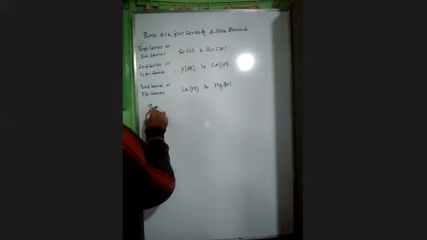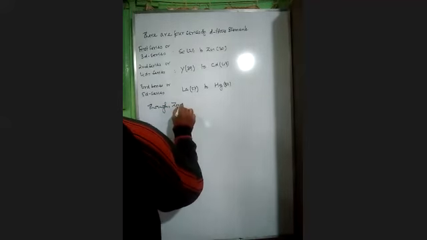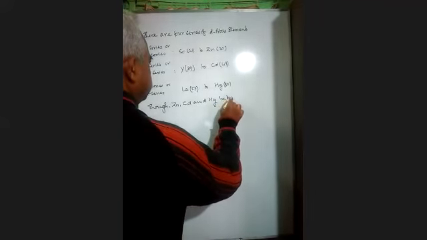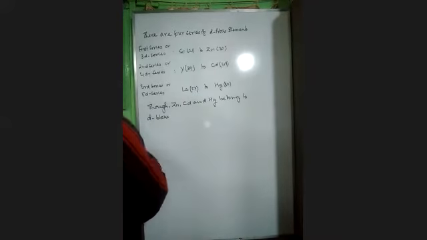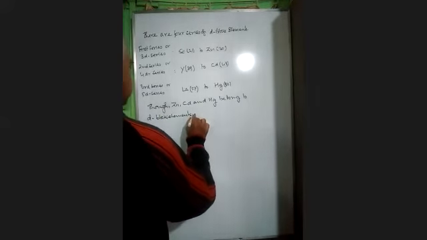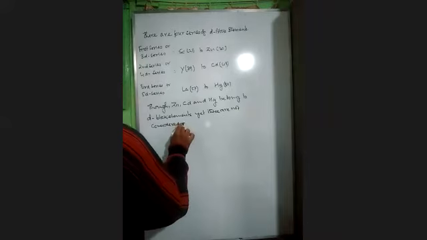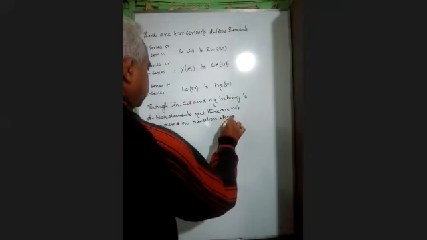Though zinc, cadmium, and mercury belong to D block elements, yet these are not considered as transition elements.